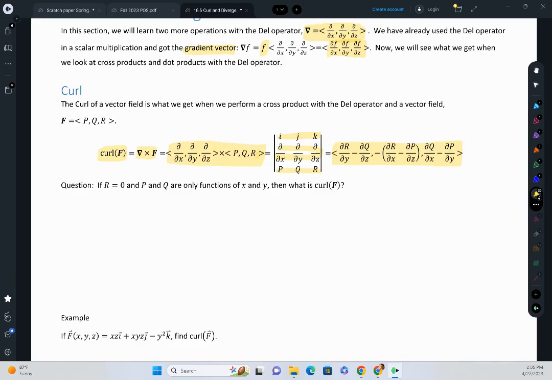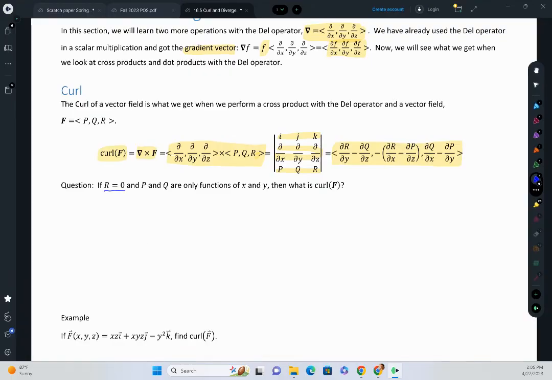I usually just calculate it each time because I don't want to get it wrong just because I accidentally memorized it wrong, okay? But for this first question that I'm going to ask, I am going to use my memorized form, okay? So in this question, we're being asked: if the R component of F is equal to 0, and P and Q are only functions of x and y, then what is curl of F?